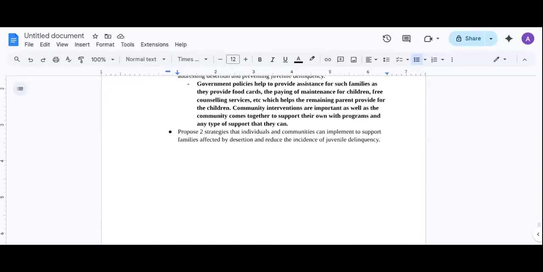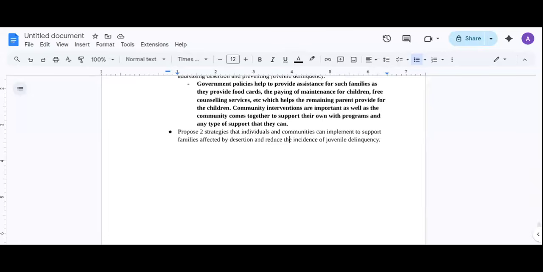Also, if it's in a case like what Mr. Francis was talking about, the mother or the father, let me try to balance it, the mother or the father leaves because of a new relationship, we have things in place like the paying of maintenance to help assist the family if one person abandons or leaves.